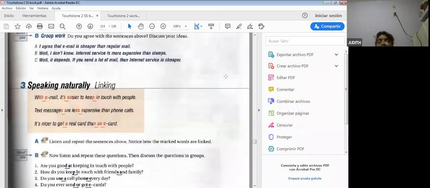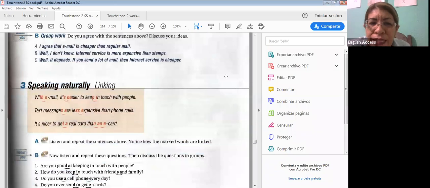Well, let's continue with exercise 3. It says speaking naturally. It says linking. If you pay attention, we have 3 sentences. Pay attention to this part. We have a line below with email. It's easier to keep in touch.